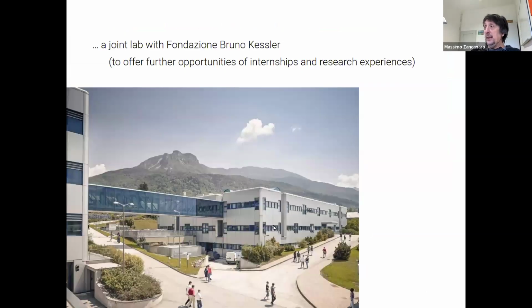We also have a joint lab and an agreement with a relatively large research center, which is called Fondazione Bruno Kessler. It has around 600 researchers in different disciplines, mostly computer science and related fields, artificial intelligence, machine learning, also microelectronics.